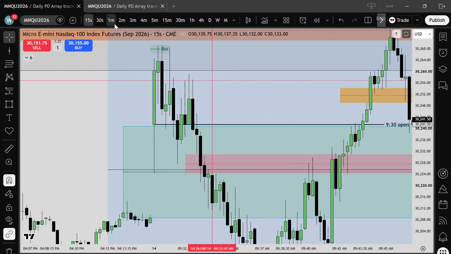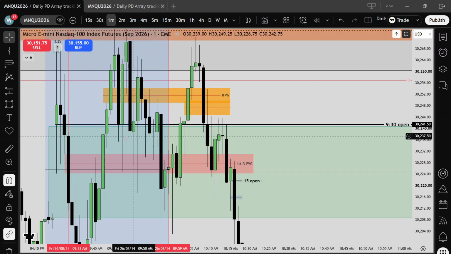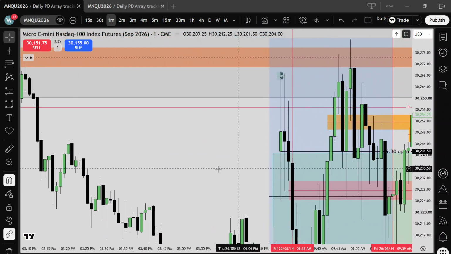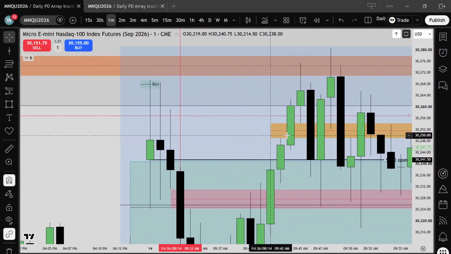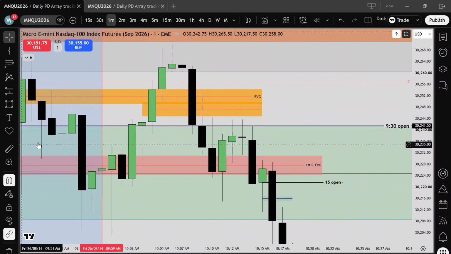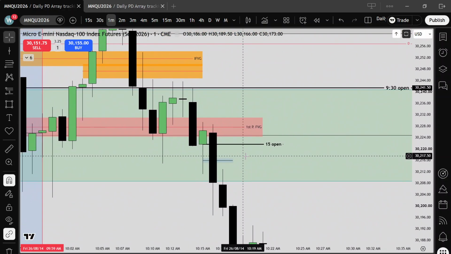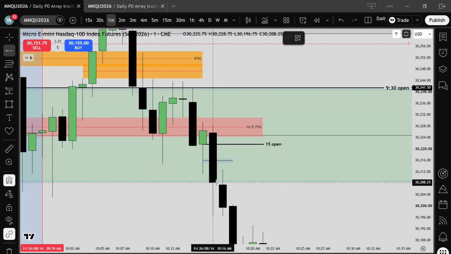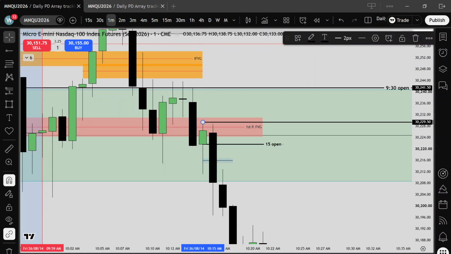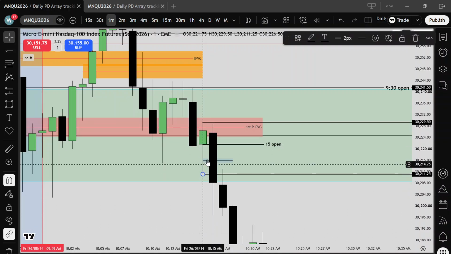So let's go to the 1 minute. What I'm telling you is no different than what I was looking at right here. Opening price. You have to use a little bit of common sense with it, but here's the opening candle, here's the high, low.